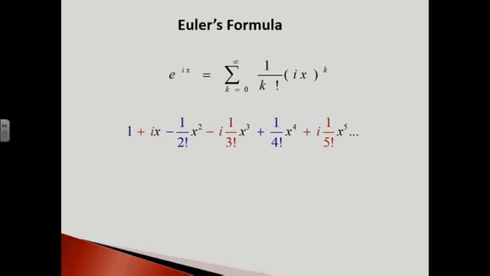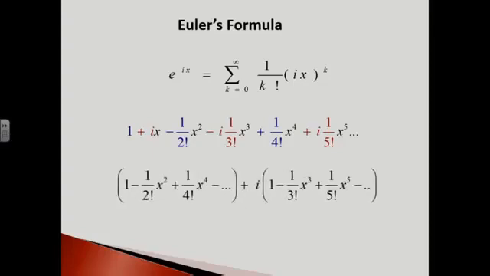By separating the real part and the imaginary part, we realize that they are the series for cosine and sin x, respectively. So we have proved Euler's formula. Exponential of ix equals cosine x plus i sin x.